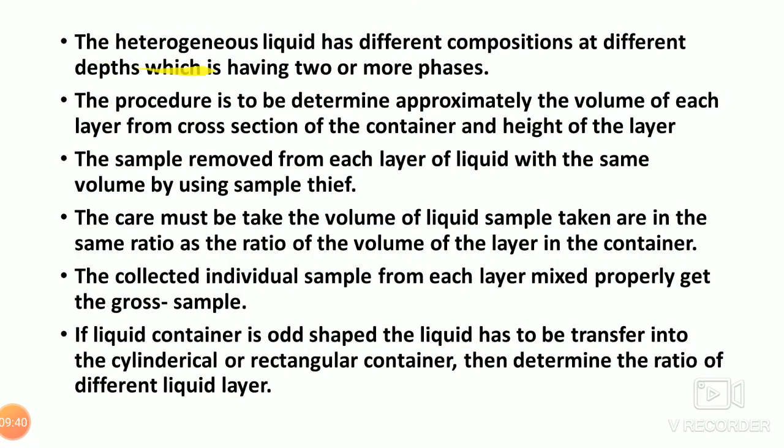The heterogeneous liquid has different composition at different depths, which has two or more phases. As I just told, different composition is due to the different layers, or two or more phases. The procedure is to determine approximately the same volume of each layer from the cross section of the container and the height of the layer.